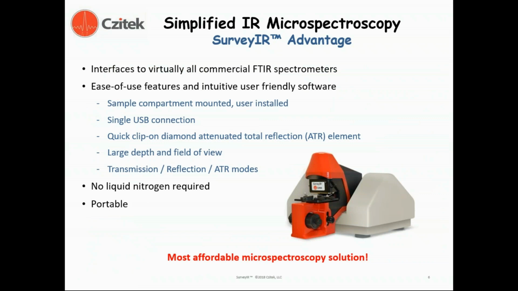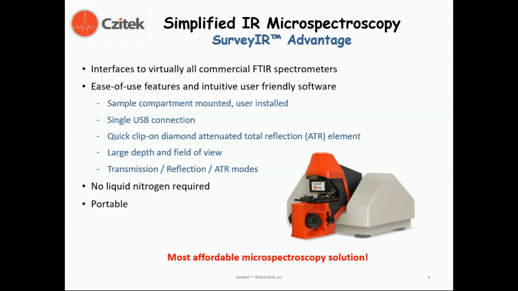So as we said in the beginning of the presentation, we utilize the Surveyor. The Surveyor is different than most FTIR microspectroscopy systems in that it interfaces to virtually all FTIR spectrometers. It's customer installable and can be taken in and out of the sample compartment.